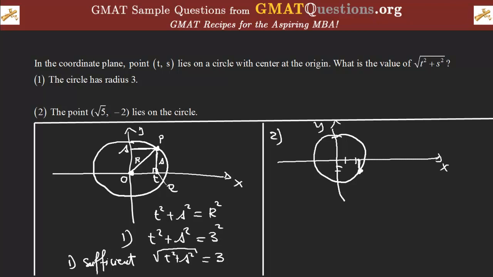So we can draw this. This is again root 5, and this here is negative 2. Okay? Root 5 and negative 2. And this is the point that lies again on the circle.